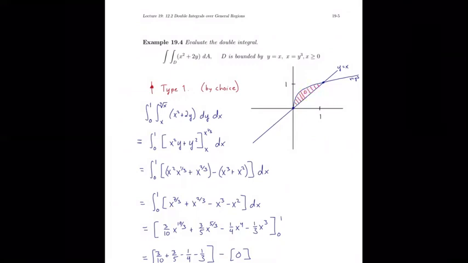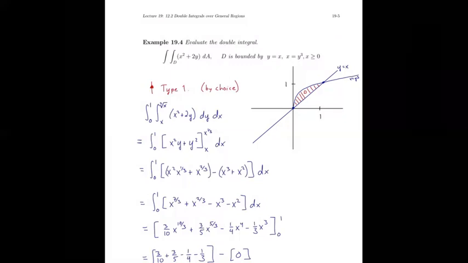We have a choice. I've just chosen type 1, just arbitrarily. And type 1, again, is marked by up and down. Okay, so we're bounded on the top by x equals y cubed, or since it's type 1, we need to write that as a function of x. y equals the cube root of x. In fact, I'll write that in so we have even more detail about it.